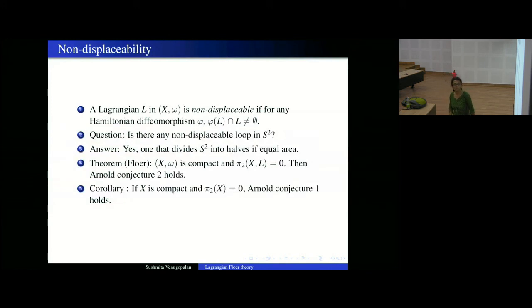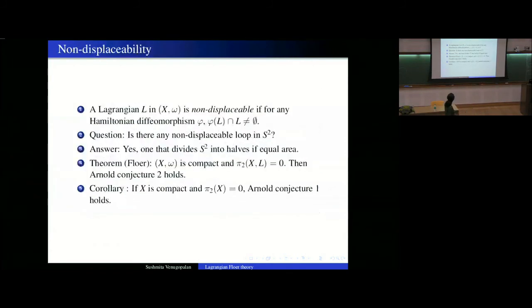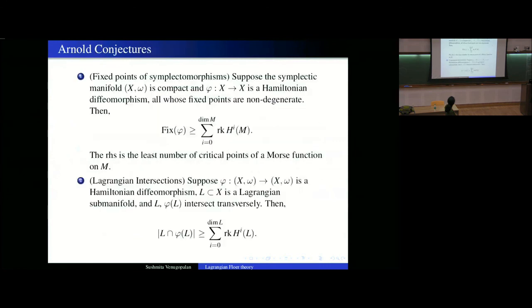And if you want to translate the proof of conjecture 2 to conjecture 1, the hypothesis you need to add is that it shouldn't have spheres. So, yeah. Yeah, that's about the fixed points of a Hamiltonian diffeomorphism.